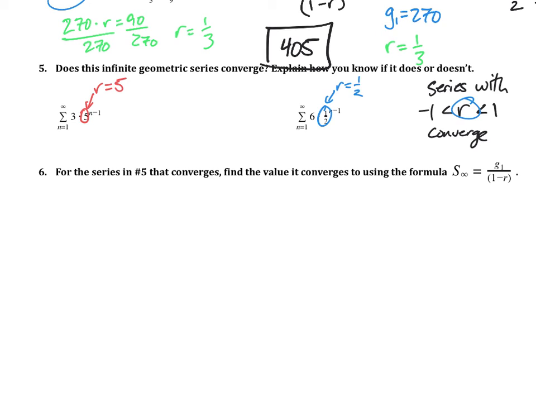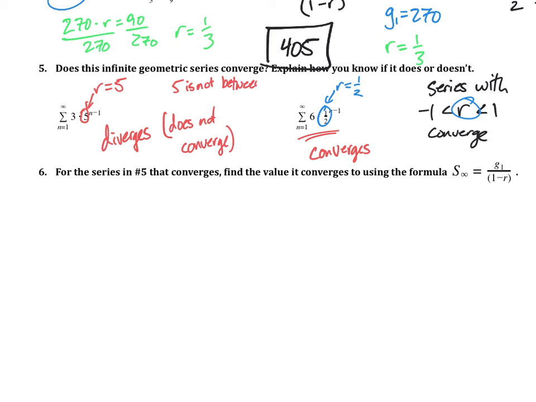And so I can say this one diverges or does not converge. This one converges. We know because 5 is not between -1 and 1.